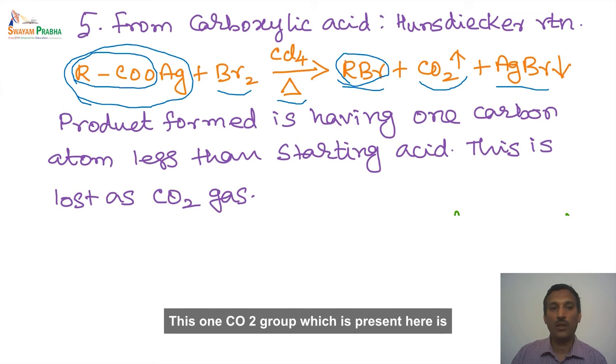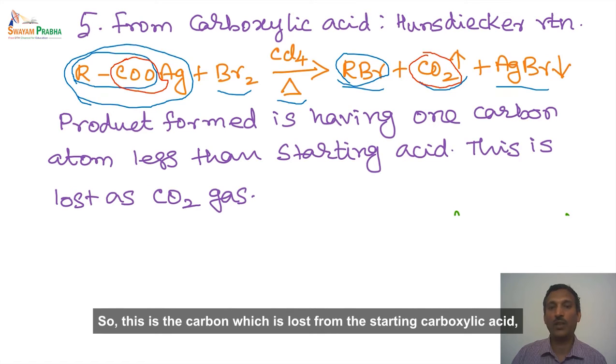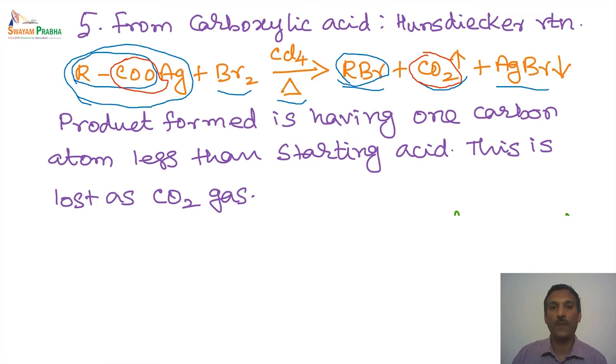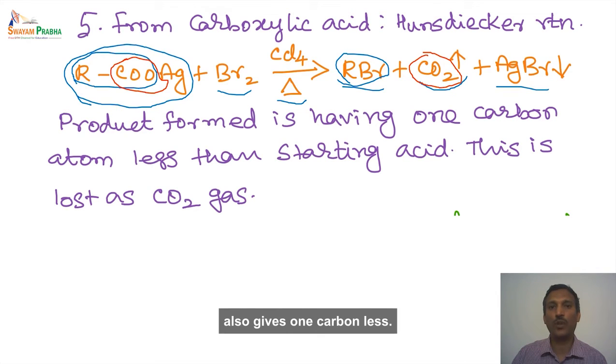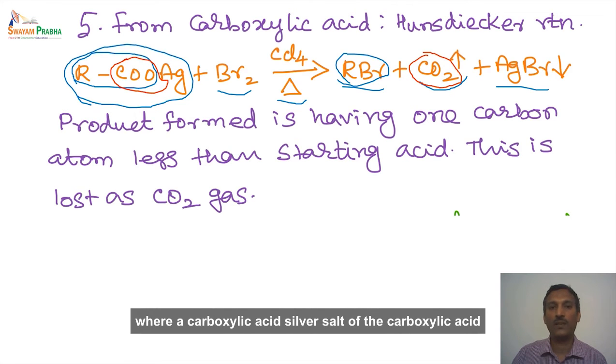This CO2 group is actually lost as carbon dioxide gas. This is the carbon which is lost from the starting carboxylic acid. That is the reason this reaction always gives one carbon less than the starting carboxylic acid. The Hofmann degradation and other types of reactions also give one carbon less. So this is another example where the silver salt of a carboxylic acid gives an alkyl bromide with one carbon less.